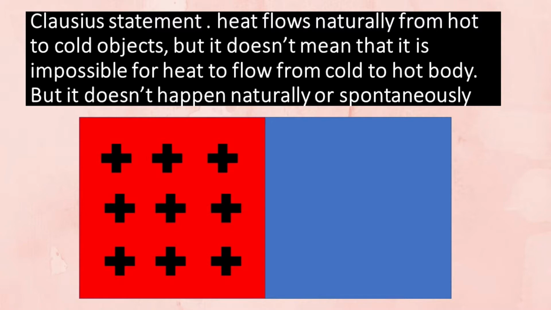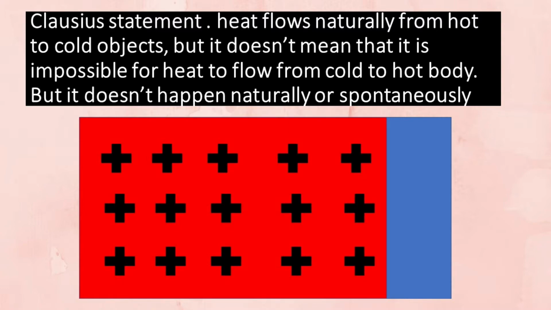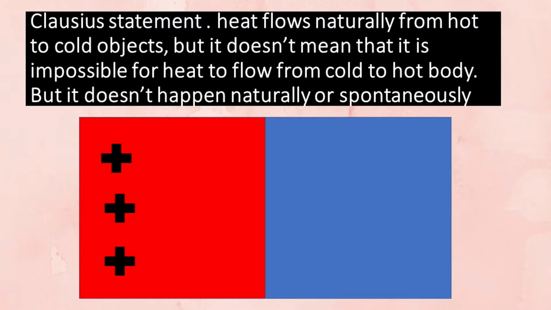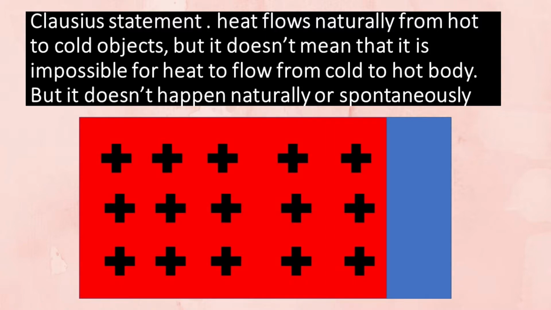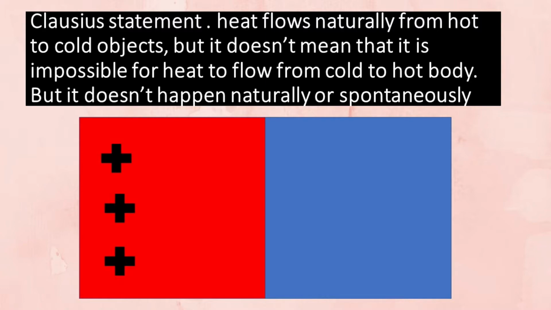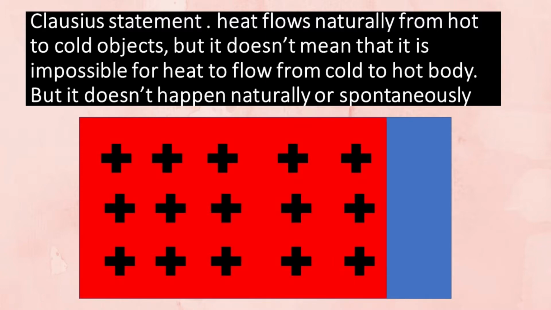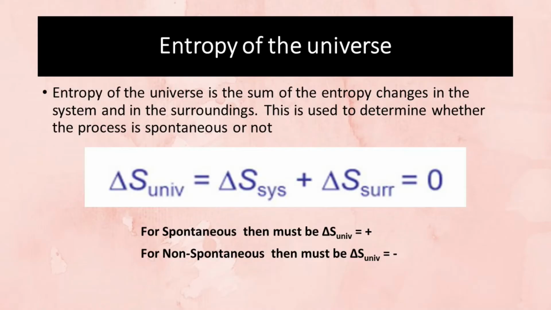Clausius states that heat flows naturally from a hot to a cold object, but it doesn't mean that it is impossible for heat to flow from a cold to a hot body. But it doesn't happen naturally or spontaneously. Entropy of the universe is the sum of the entropy changes in the system and in the surroundings. This is used to determine whether the process is spontaneous or not.